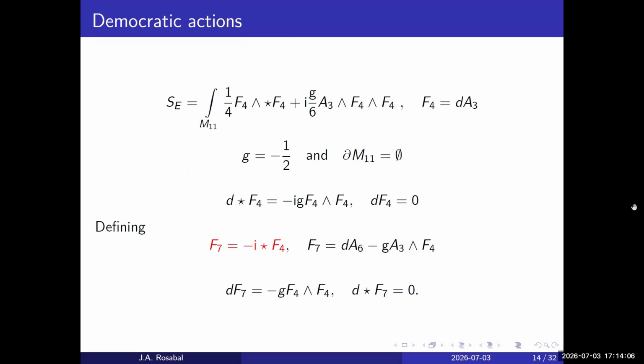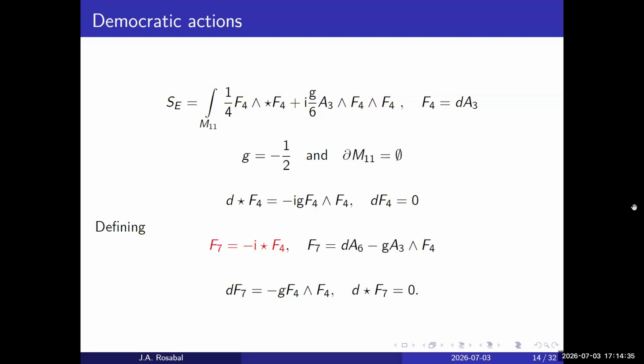And the question is, when we want to compute the observables of this theory, the same way we compute observables in the microscopic theory, we have M2 and M5 brane. We can couple the M2 without any problem here, but if we want to couple the M5, we don't have the A6 potential here to couple with the M5 brane.